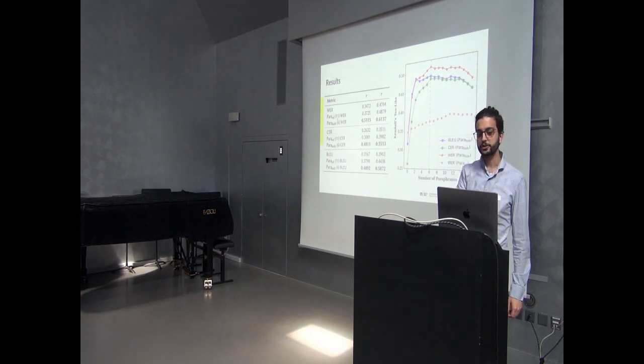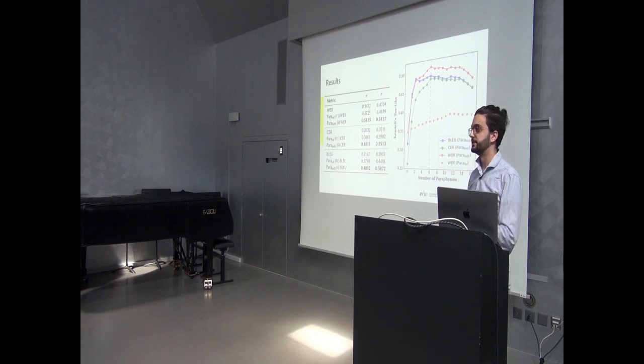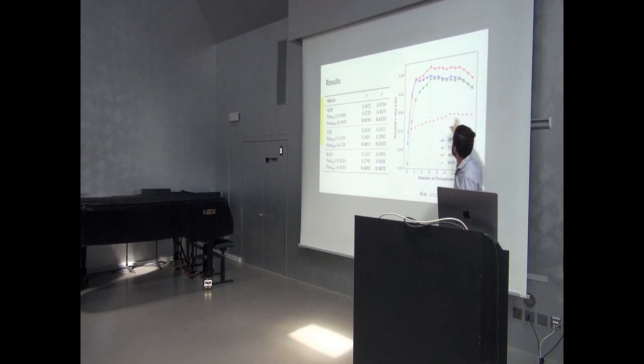This is the version we denote as pararef, which means we only augment the references. This would be the method which is already in the literature. And we see that with this method we can improve the word error rate. We also see it here. And we have a maximum of the correlation to human judgment at about 11 paraphrases.